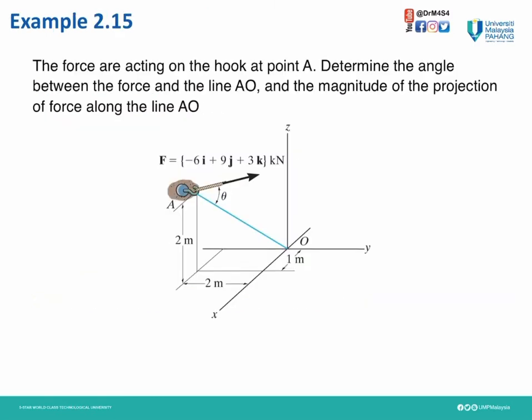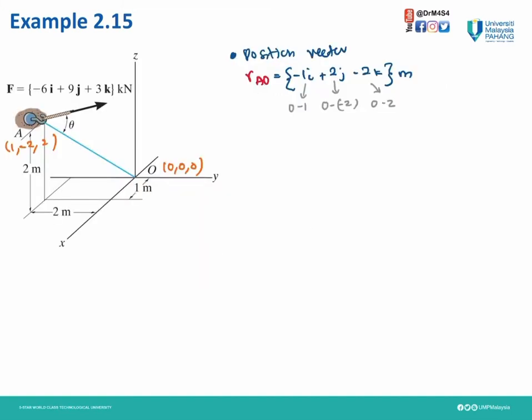Next, we're going to do example 2.15. The force is acting on the hook at point A. Determine the angle between the force and line AO and the magnitude of the projection of the force along the line AO. So first of all, we need to identify the position vector RAO.